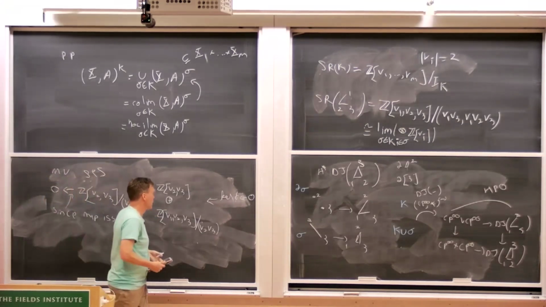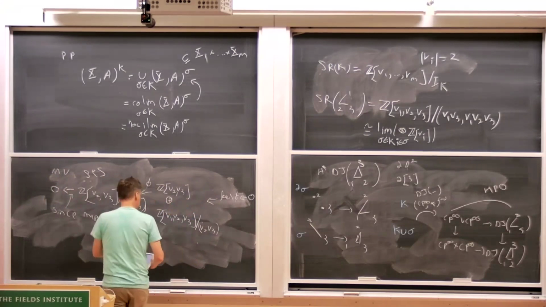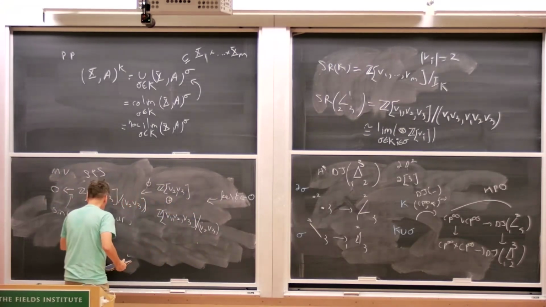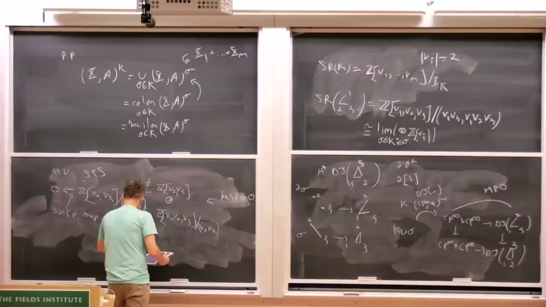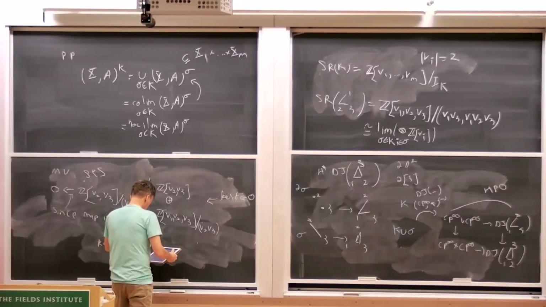That's the key step. So then you have to compute the kernel of phi. The kernel of phi, by Mayer-Vietoris, will be isomorphic to H star of DJ 1, 2, 3.